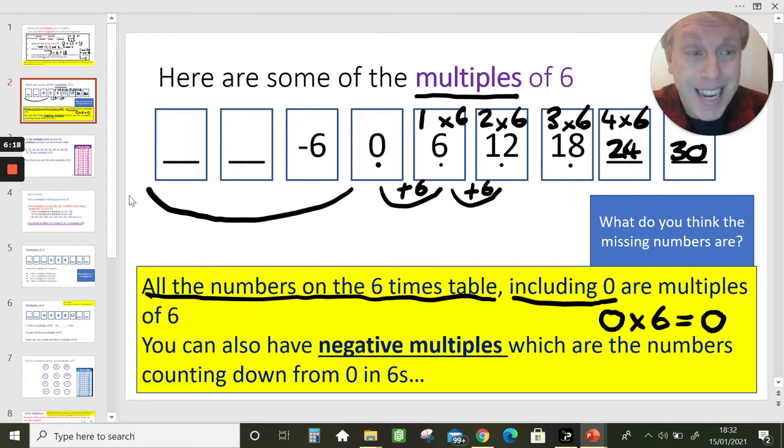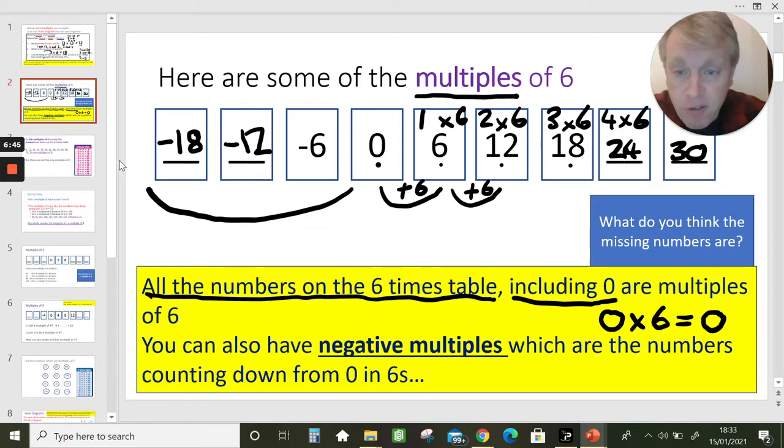So, 0 is on the 6 times table, so it's a multiple of 6. Now, counting back, taking away 6, 0 minus 6, oh look, these are the negative multiples starting. Minus 6, minus 12, minus 18, and it would continue. Minus 24, minus 30, minus 36.